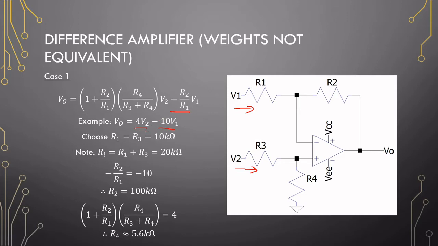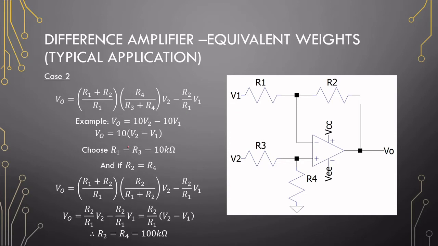Mathematically, you will get negative values and stuff that don't make sense. Anyways, so plugging these two in, we find that resistor 2 should be 100 kilo ohms, and then we can solve the positive half. Since we already have R1, R2, and R3, we only have R4 left, and this works out at roughly 5.6 kilo ohms if we need to choose the E12 value. And there we have realized this equation and designed the resistors.